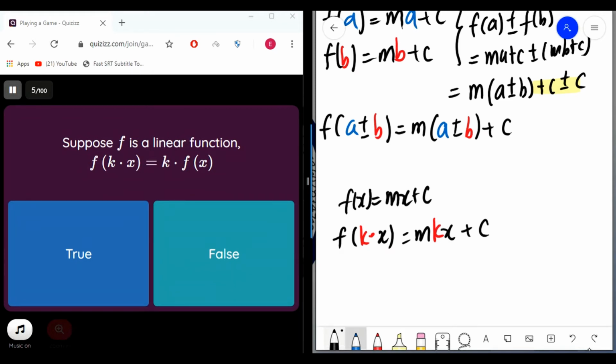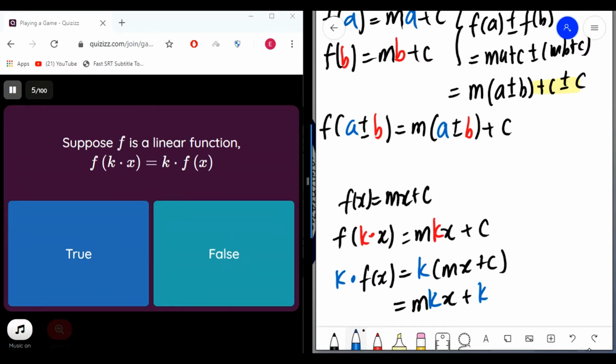Then k times f(x) will be k times (mx + c), so it equals mkx + kc. Alright, as you can see, the constant term is now affected by k and they are not the same. Therefore, the statement is false.